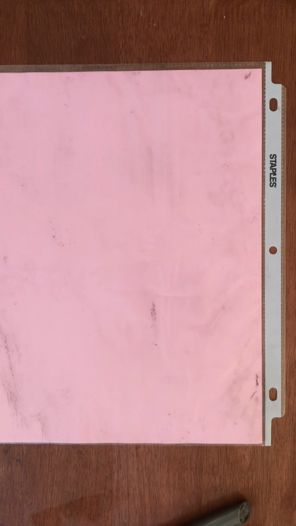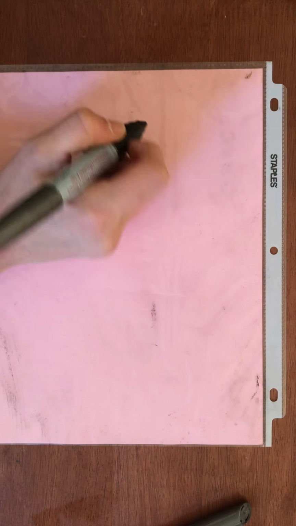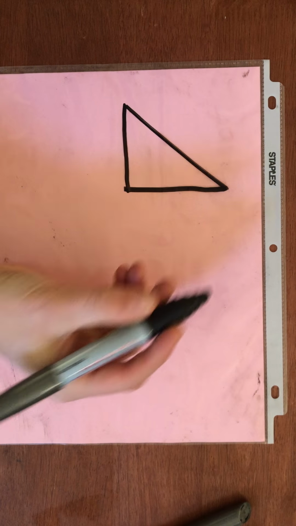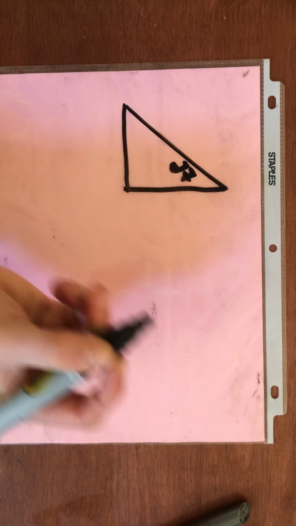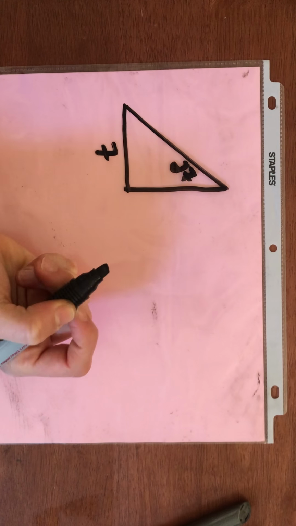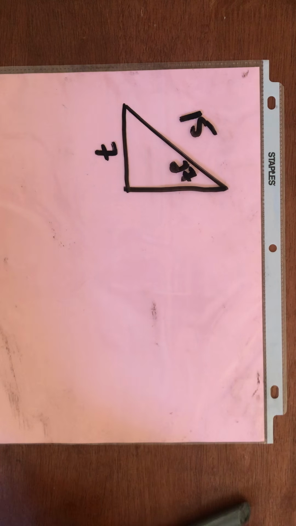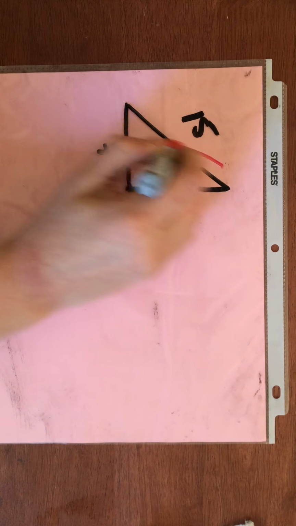Okay, so here we have a triangle. We know this is 27. We know this is 7. This is 15. All right, we know that this is law of sines because we have that pair.